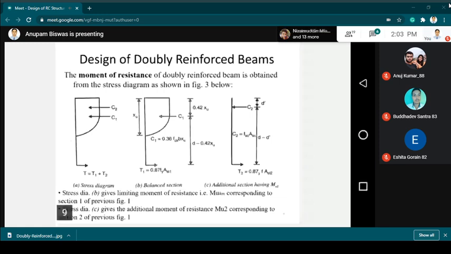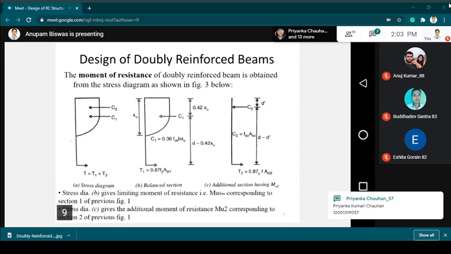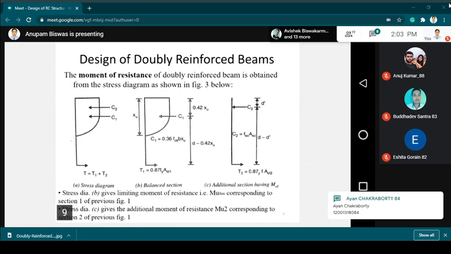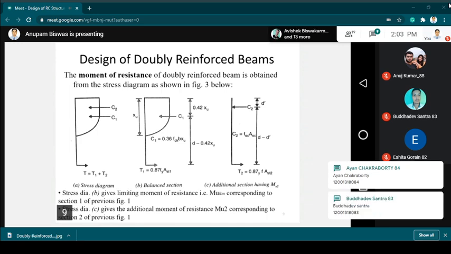The tension T will comprise two tensions, T1 and T2. T1 is the tension for your singly reinforced beam, that is 0.87 fy Ast1. And additionally, there will be additional tensile reinforcement due to the corresponding compressive reinforcement, that is Ast2. So our tension becomes T2, that is 0.87 fy Ast2.